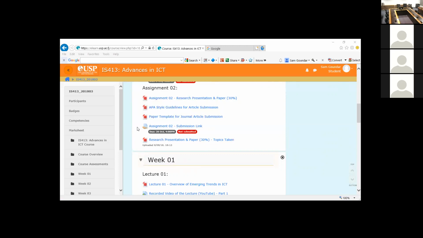For in-text citation, instead of saying Gounder 2018, you just reference the number. For example, if I appeared 3rd in the references, my number is 3, so in the in-text citation, you have 3.